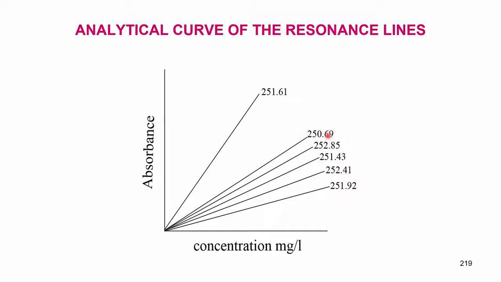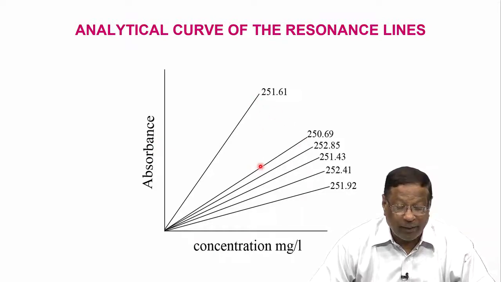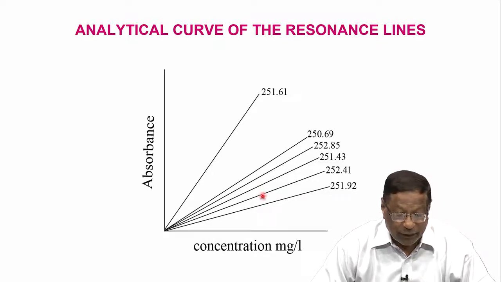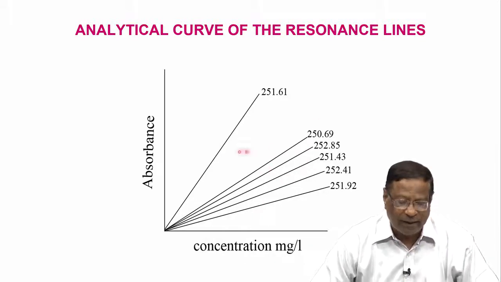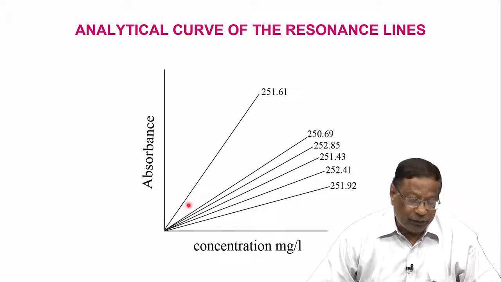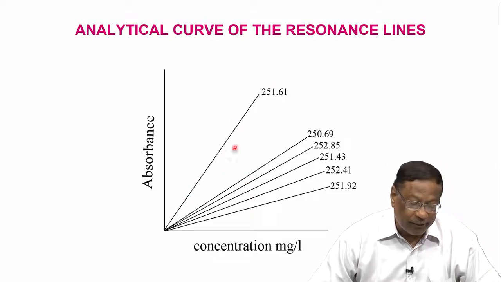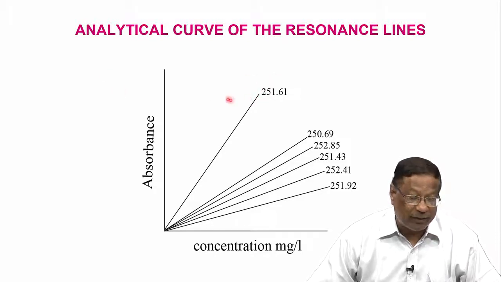Of course, you can choose these also, but the sensitivity will be less, because at 251 the sensitivity would be double of what is at 250 or more than double of 252, and then somewhere here 251 and then 252 is here, and then 251.9 to any other resonance line the absorbance is less. So, you should choose an absorbance line which is higher, which gives you maximum absorbance on this y axis scale. Okay.